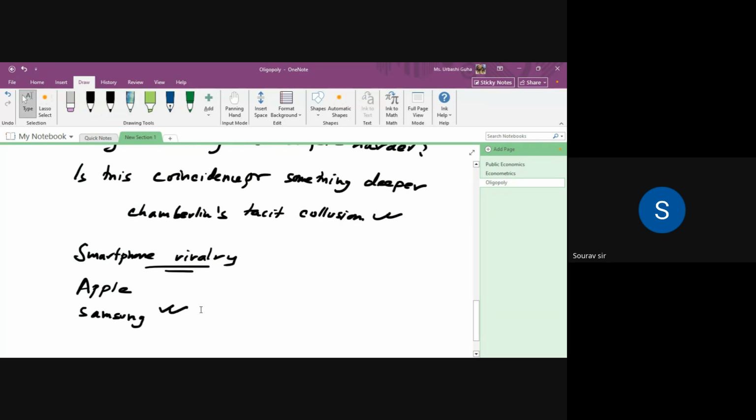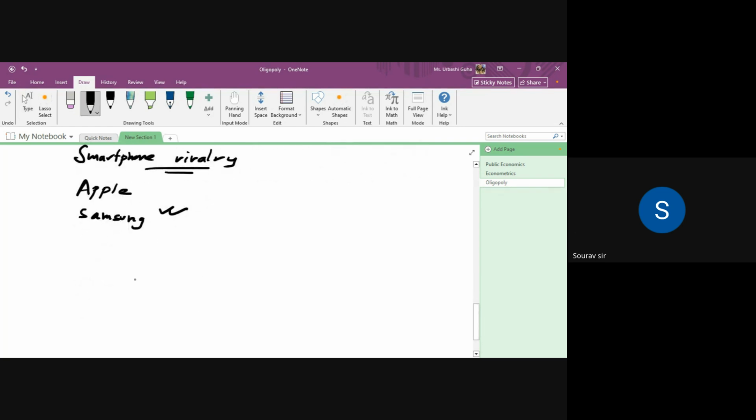They release a new model at the same time. If they compete on price, what will be the outcome?